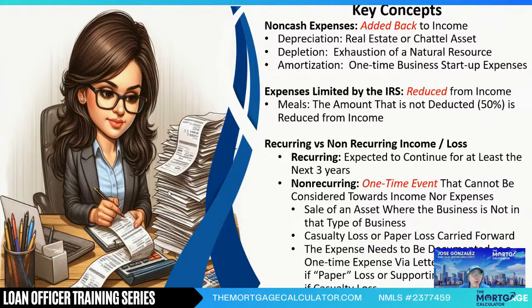Now, an item that I wanted to add here, not on a bullet point, but very important when you're completing some of these expenses that you may see on the form is, for example, if you see property taxes or if you see interest, and they report that loan on their personal credit, and that loan is going to show up on their personal credit and there's an REO in the schedule of real estate owned for that, and again the liability reports on their credit, then you would be adding back the interest, you would be adding back the taxes, and you would be adding back the insurance, as long as the borrower is escrowing for taxes and insurance.